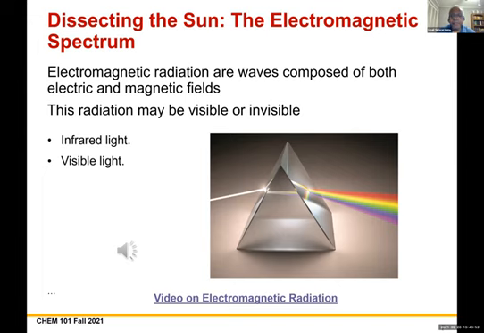Visible light is a mixture of different colors, VIBGYOR: violet, indigo, blue, green, yellow, orange, red. Ultraviolet light is after violet, at the bottom of the electromagnetic spectrum shown here.